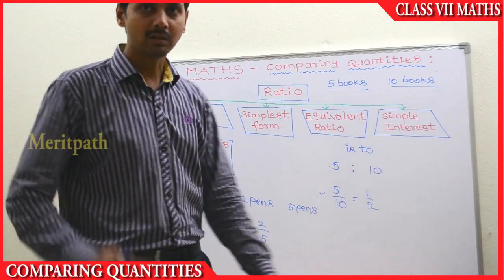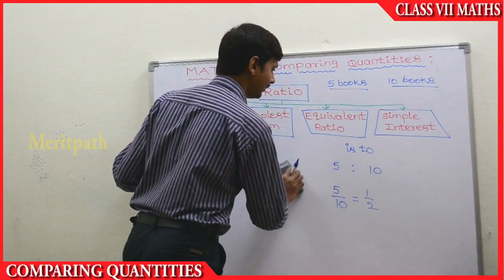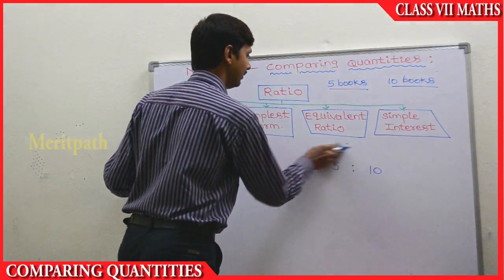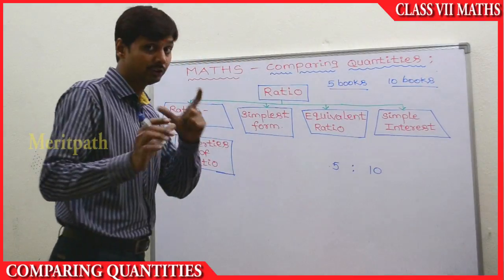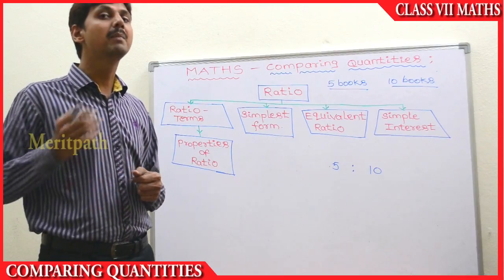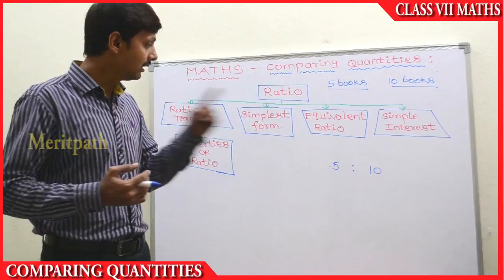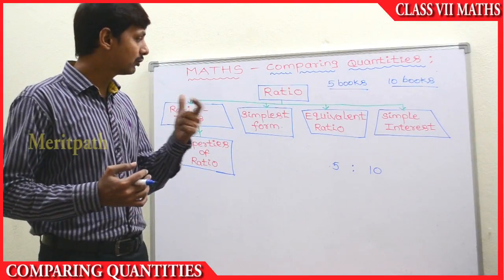Here we have observed there are two terms: 5 by 10 is written as 5 is to 10. There are two terms representing the ratio. In some cases there is a third term also, which in higher classes we are going to learn about. Here we have two terms.